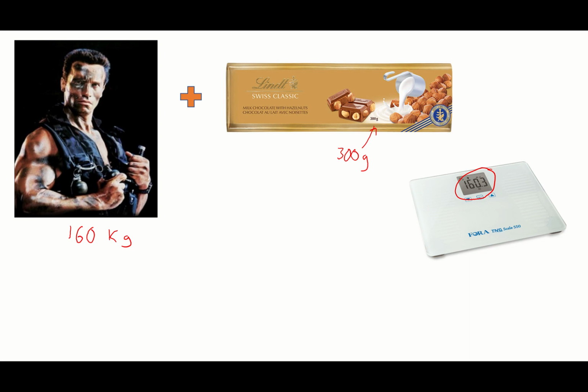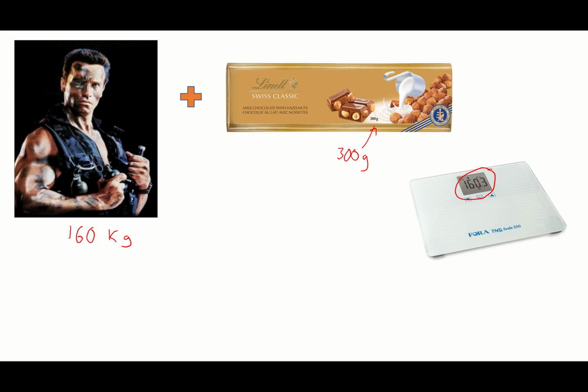So no mass has escaped, no mass has not been accounted for. If I've had 300 grams, that's added on to my original mass. So going back to the conservation of mass, the easiest way I like to explain this before we talk about chemical reactions is: whatever you add to a reaction has to be accounted for.